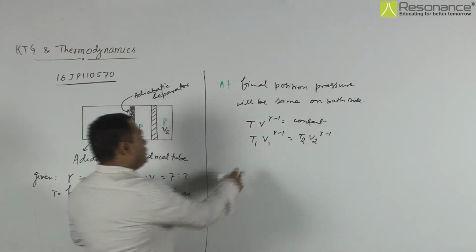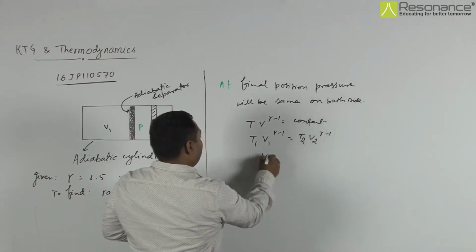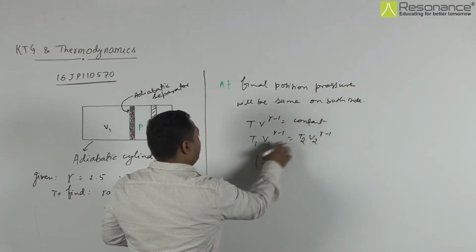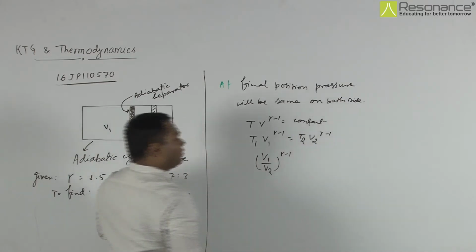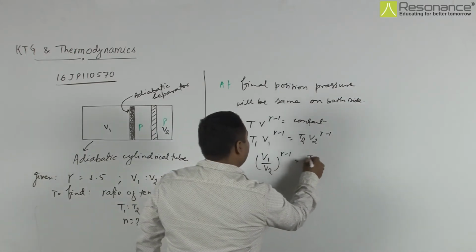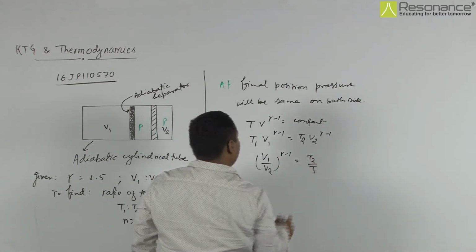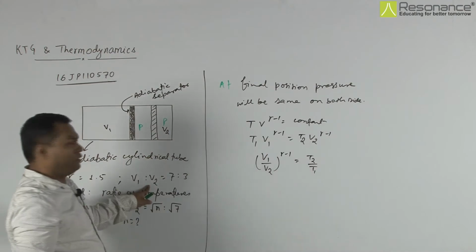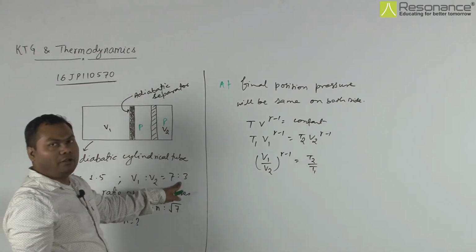This we can write as V1 upon V2 to the power gamma minus 1 must be equal to T2 upon T1.